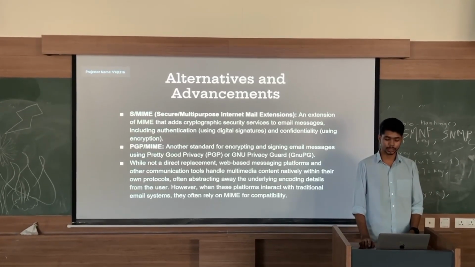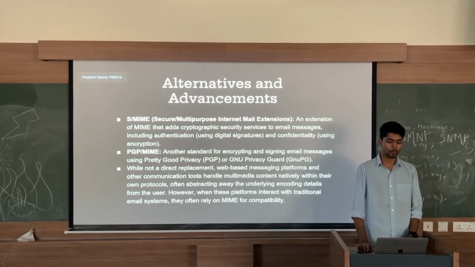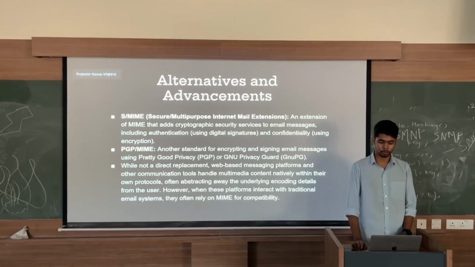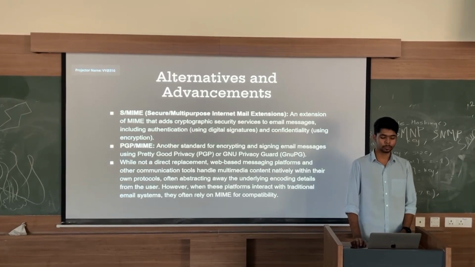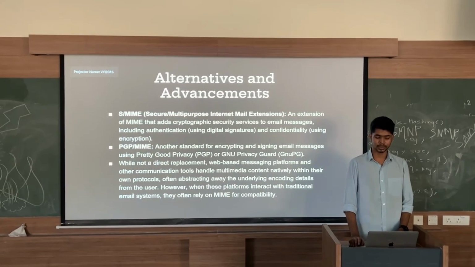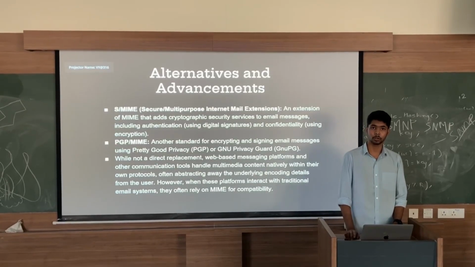PGP/MIME is another standard that integrates PGP encryption and signing with MIME. While web-based messaging platforms often handle multimedia natively, when they interact with traditional email systems they still rely on MIME for compatibility, making it a foundational technology.